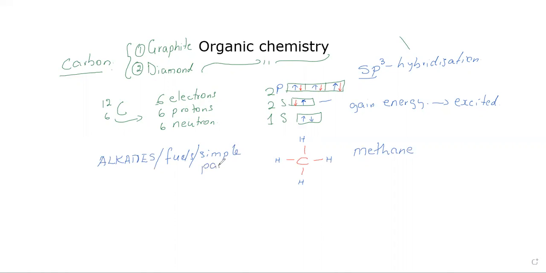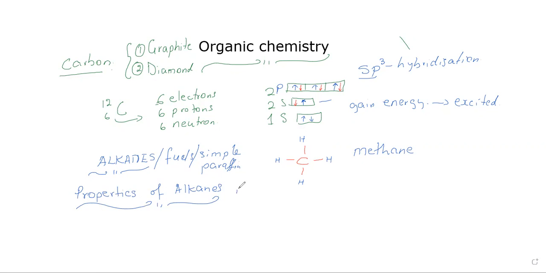The most famous alkane is octane, which is petrol, the mechanical gas. Now from here, this being the first, but we have to know the properties of alkanes.